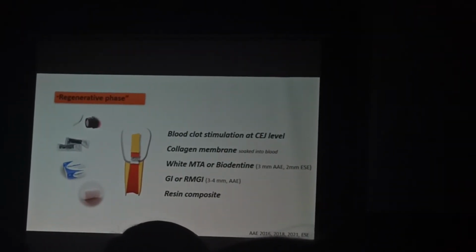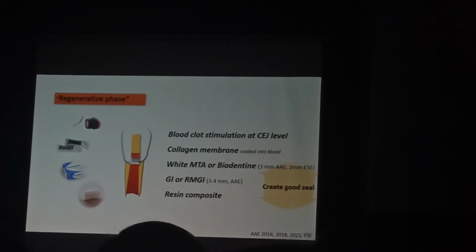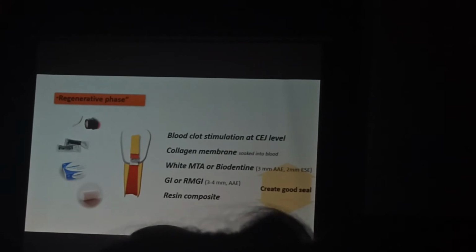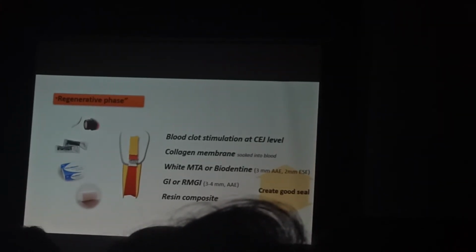Okay. And then place some restorative material. The concern is that we have to create a very good seal after the treatment. Otherwise, we're going to get reinfection through the tooth and maybe disturb the outcome.